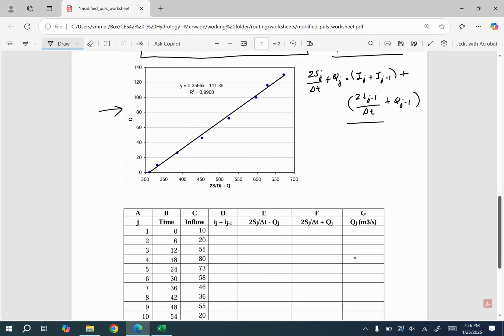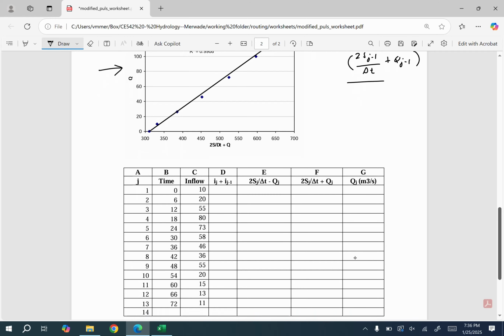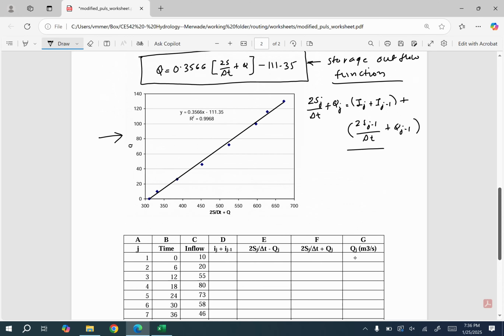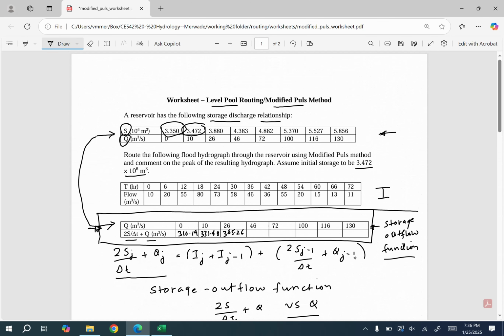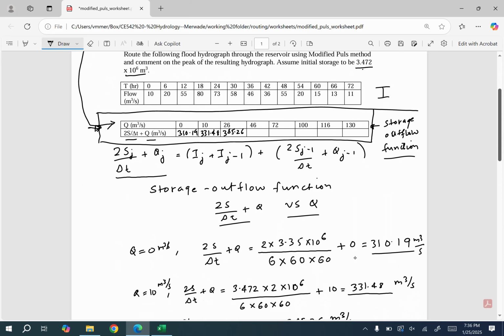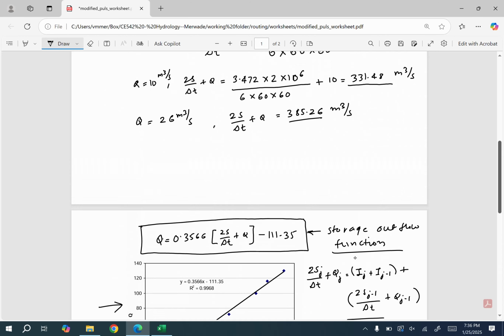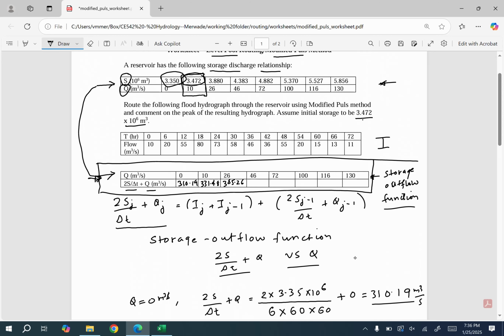What I have done here is set up this equation in the form of a table. Our initial storage is given to us, which is 3.472, and corresponding to that we have a discharge of 10. So what we have here is 10, and we calculated the value of 2S over delta t plus Q for that 10, which is 331.48.